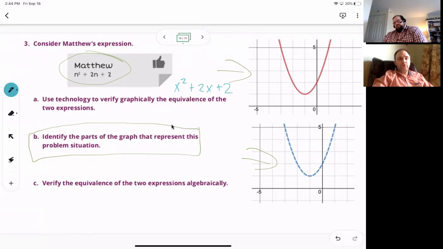So n represented the number. The design number, right? So actually, this graph I gave us is terrible. You mean we can't have design number -1? We can't even have design number 0. They started it at 1. Oh, so we only care about up there for the design. That's interesting.